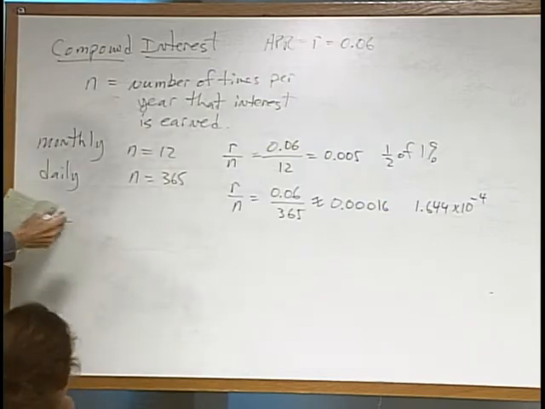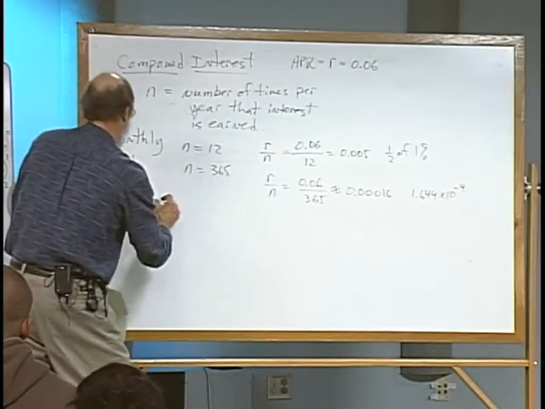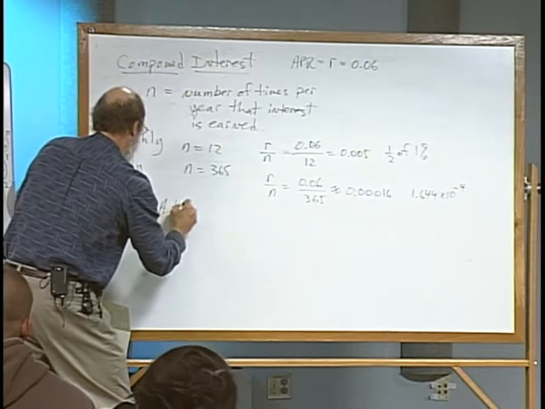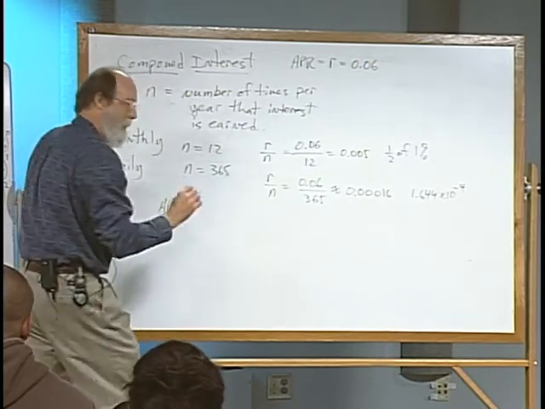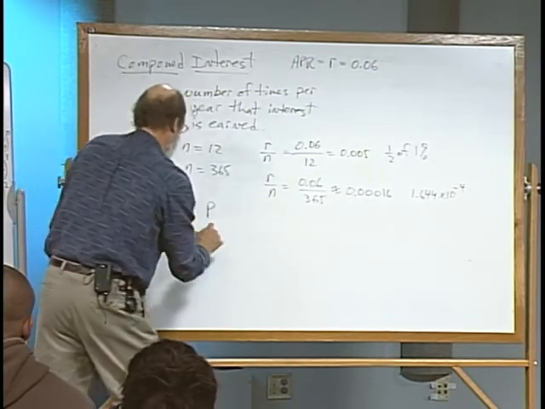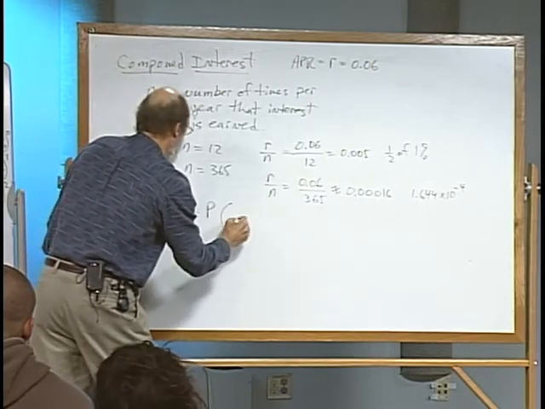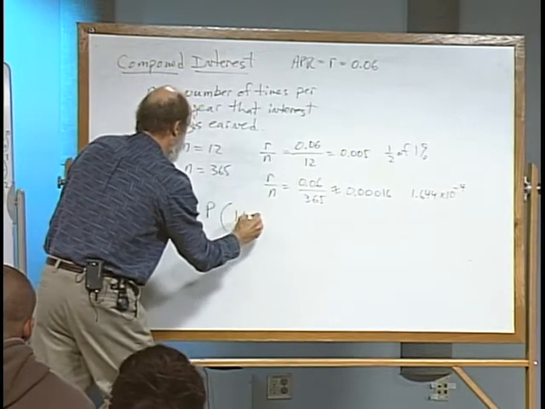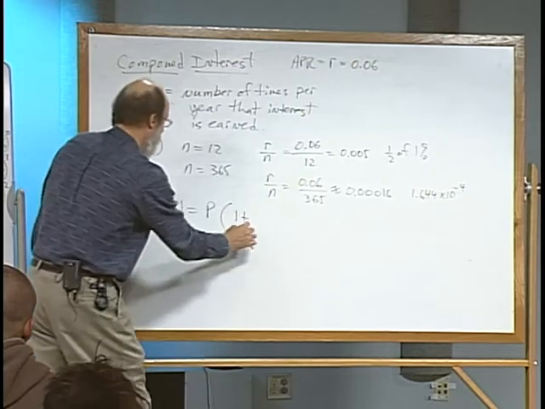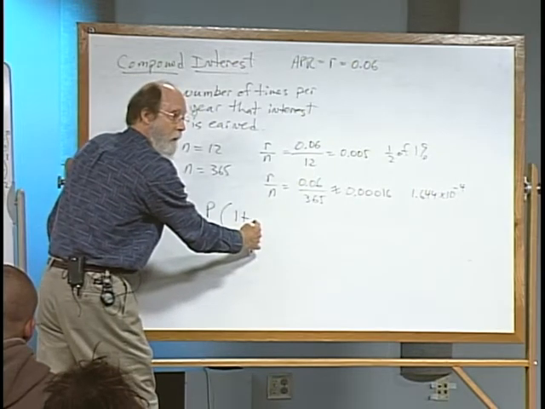So, we have our basic model. What happens is our future value becomes the initial value, the present value, times 1 plus, what would you think it's got to be for your rate of return for each period?